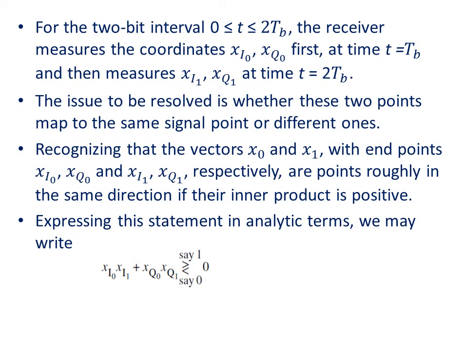Expressing this in analytical terms, we may write xi0 times xi1 plus xq0 times xq1. If it is greater than 0, say the received value is 1. If it is less than 0, we can say it is 0. So this is the condition we consider here.